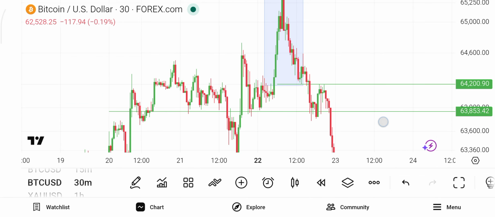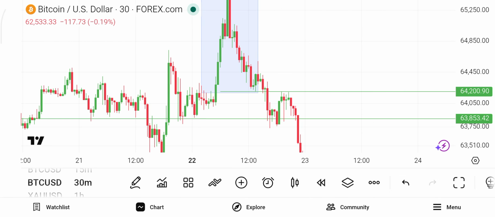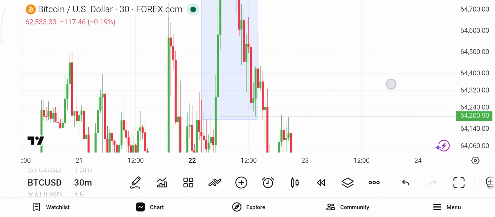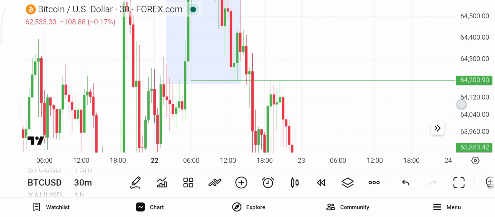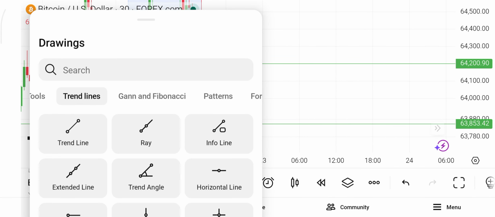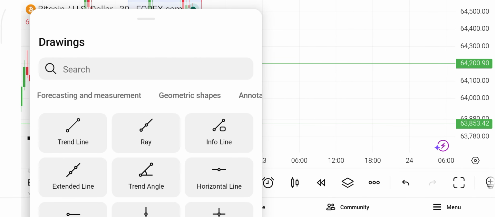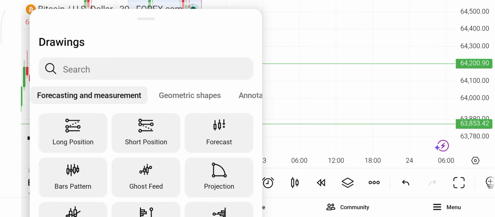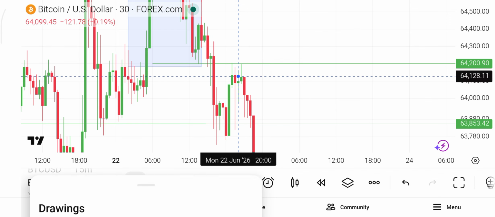I found out that it was aligned with my 4 hours time frame structure. So I set the limit order there for a sell.